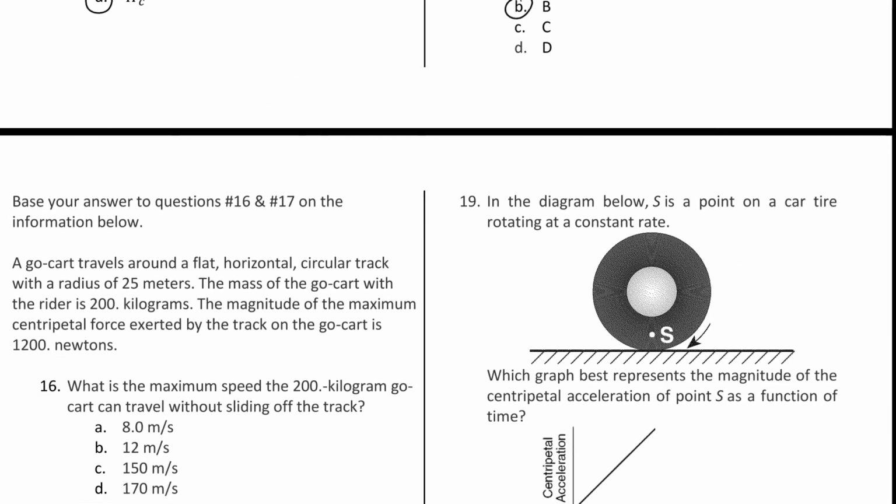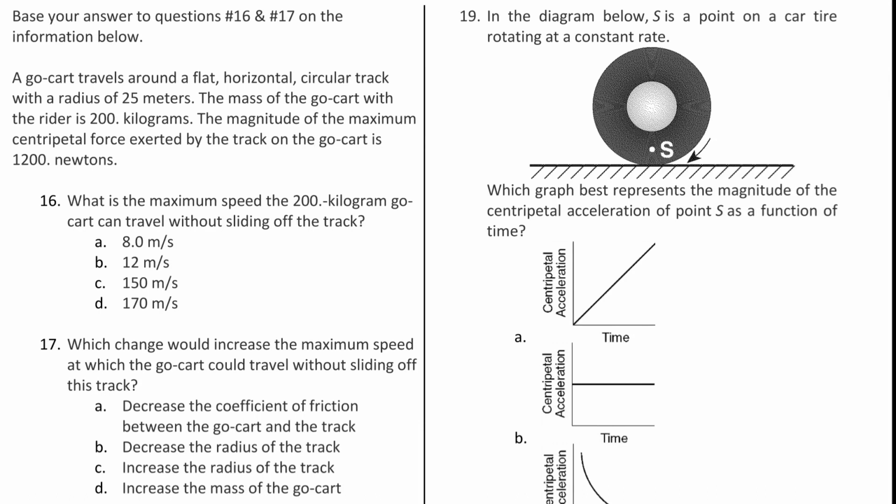Okay. Number 16. A go-kart travels around a flat, horizontal circular track with a radius of 25 meters. The mass of the go-kart is 200 kilograms. The magnitude of the maximum centripetal force exerted by the track on the go-kart is 1,200 newtons.